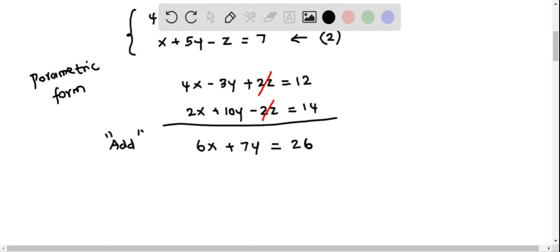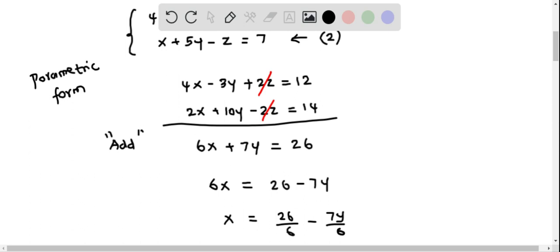Now I'm going to solve for x in terms of y. So I keep the 6x as it is, and this equals 26 minus 7y. Now I divide both sides by 6, so I get x by itself. I have to divide both terms by 6. This is 26 over 6 minus 7y divided by 6.